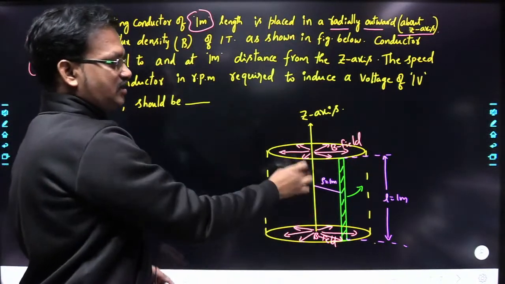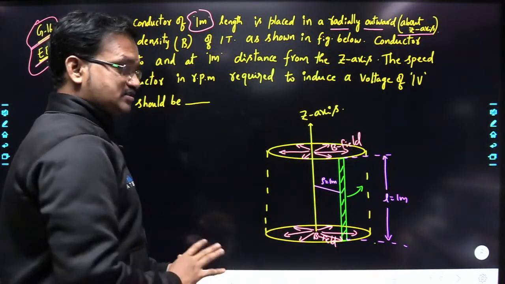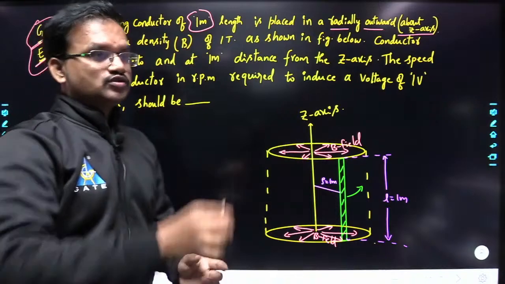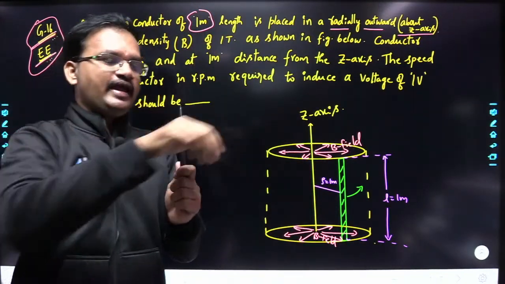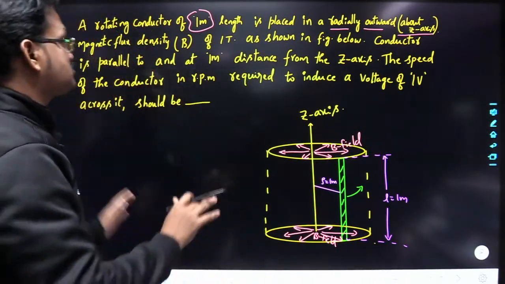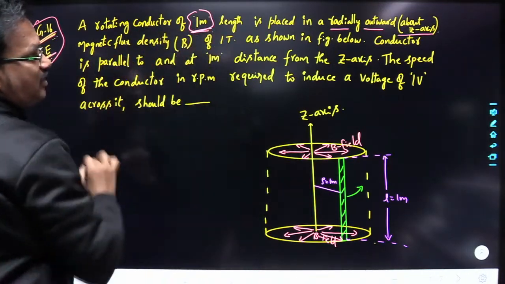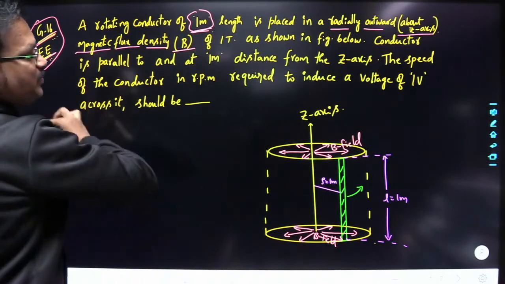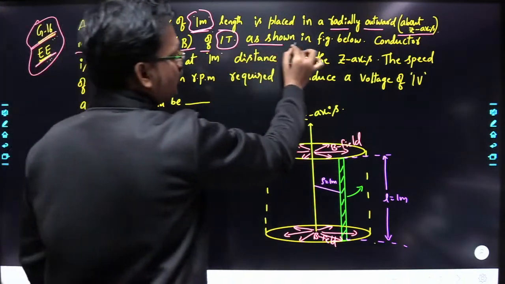This is the z-axis, and the magnetic flux density B bar is pointing radially outward. A rotating conductor of 1 meter length is placed in a radially outward magnetic flux density B of 1 Tesla, as shown in the figure below.